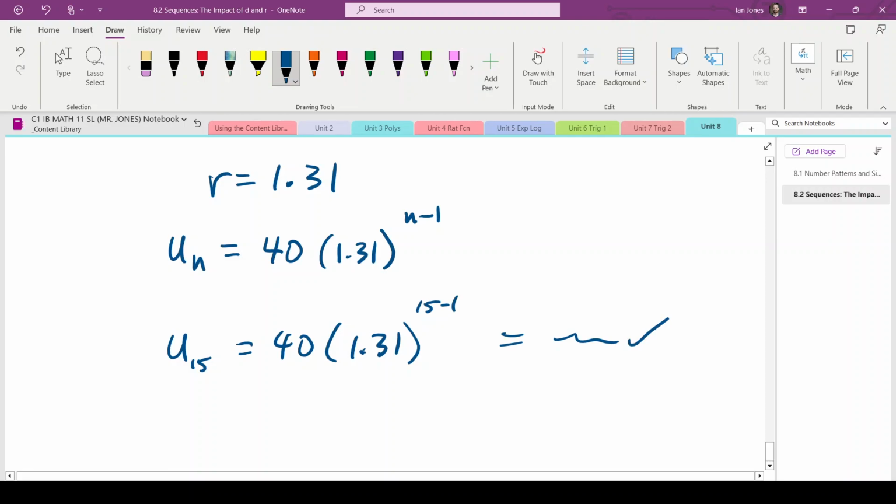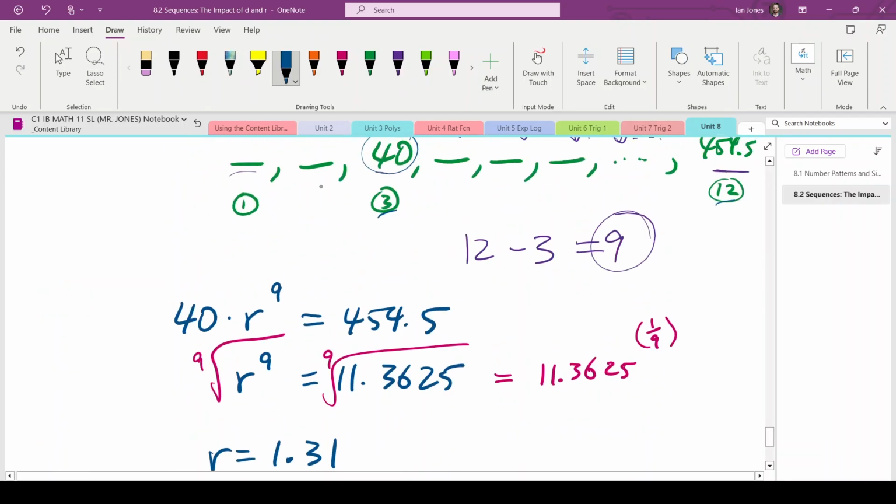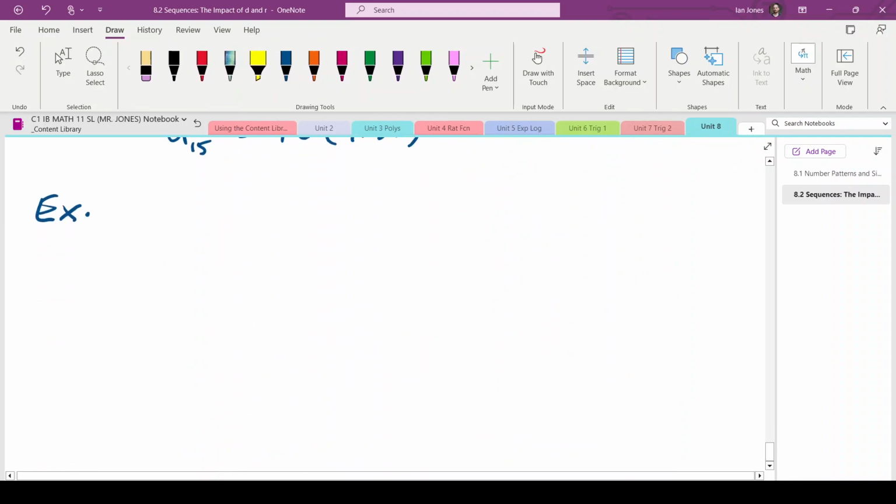Next question. And these are all different types of questions that are common in arithmetic and geometric sequences. The one where they don't give you the first term is a common type. This next one is a common type where we get a variable in our sequence. So here's the next one.